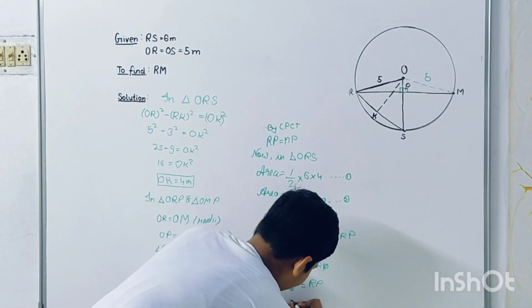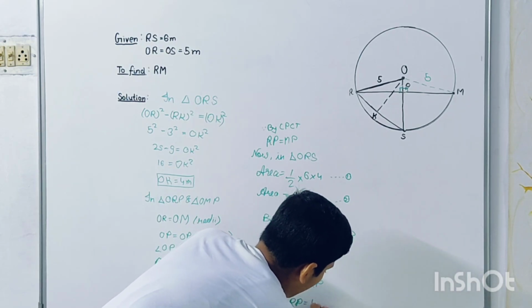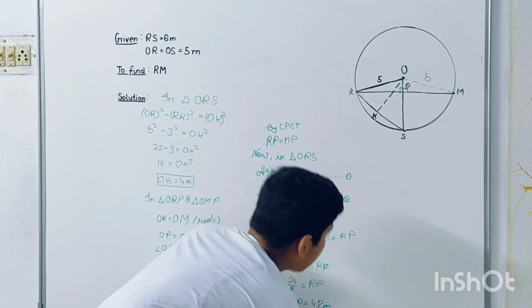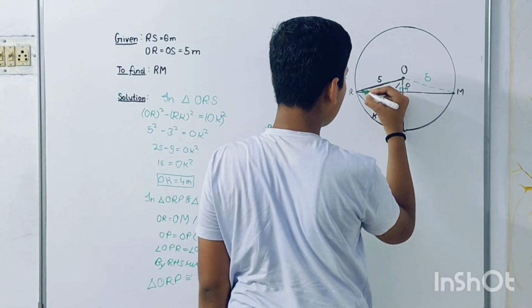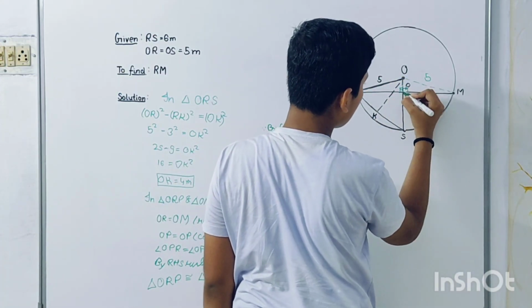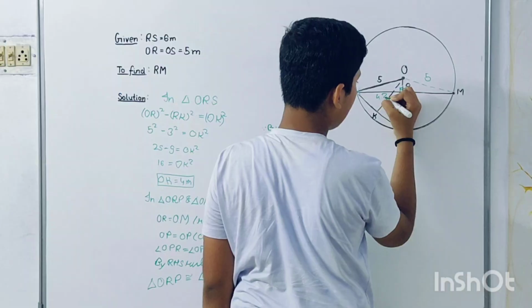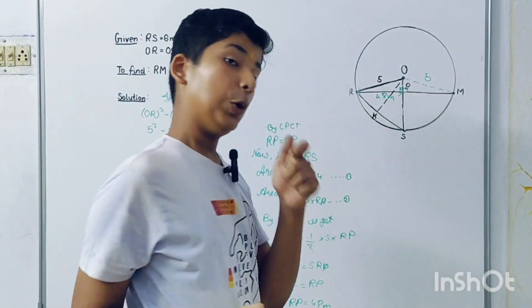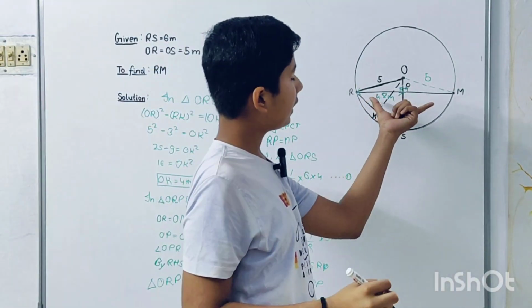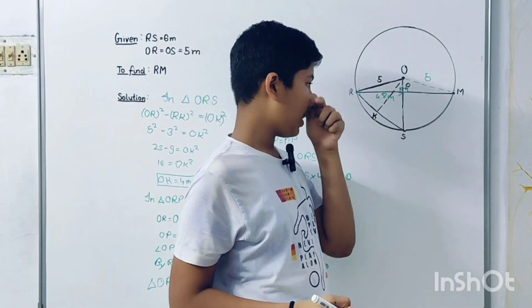Means we can say that RP equals 4.8 meters. This length is 4.8 meters.